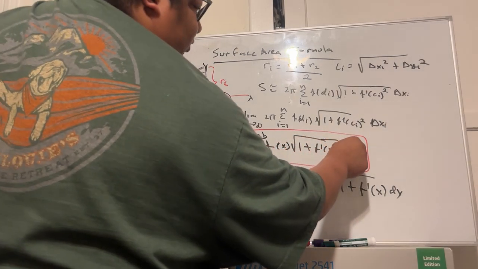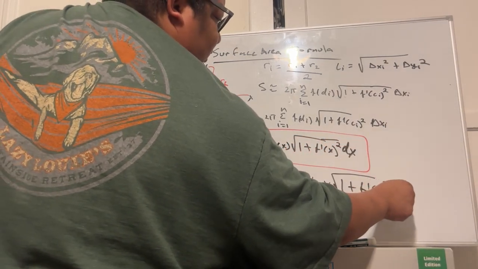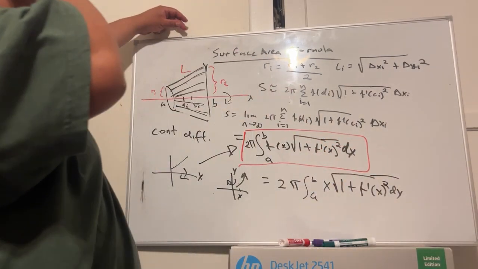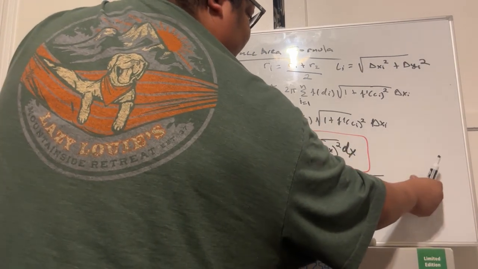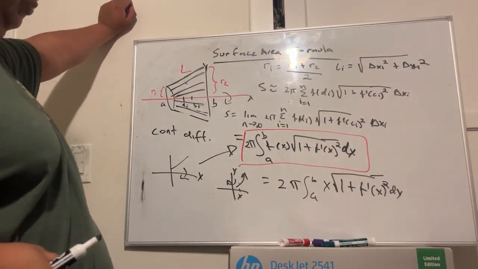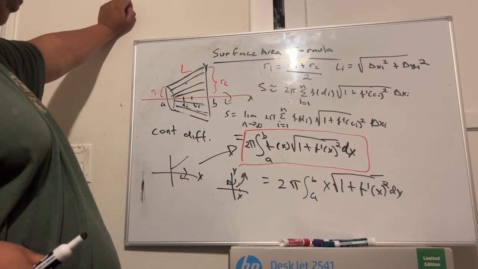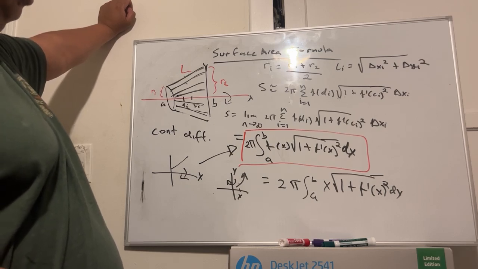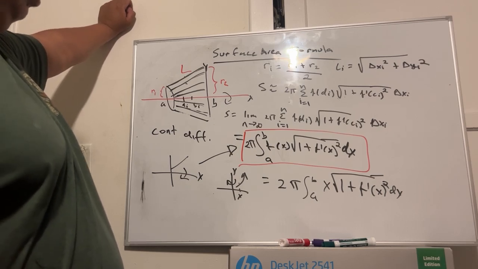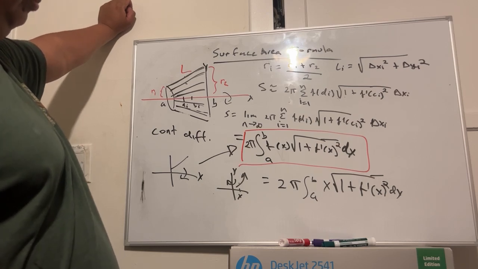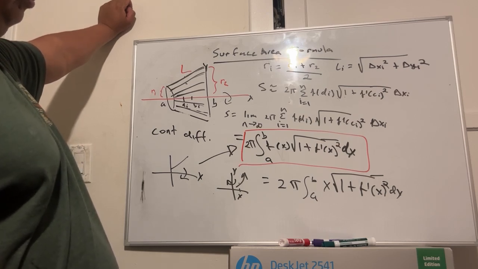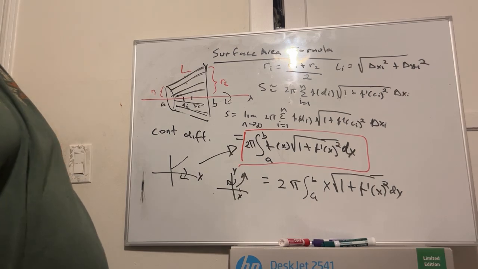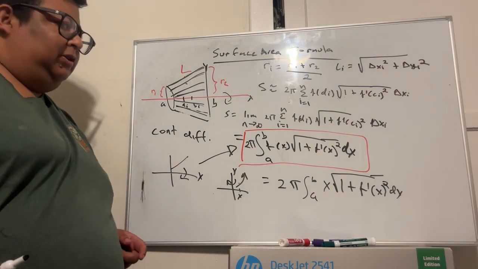And of course this is a square and this is a square. So these are the formulas.